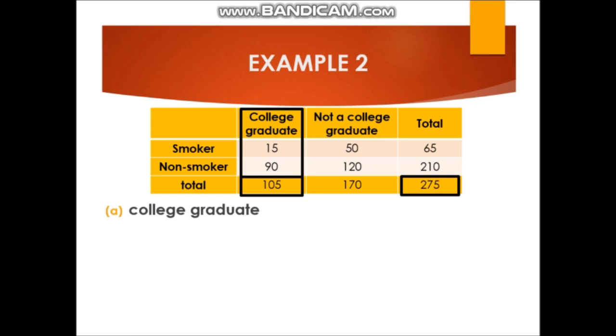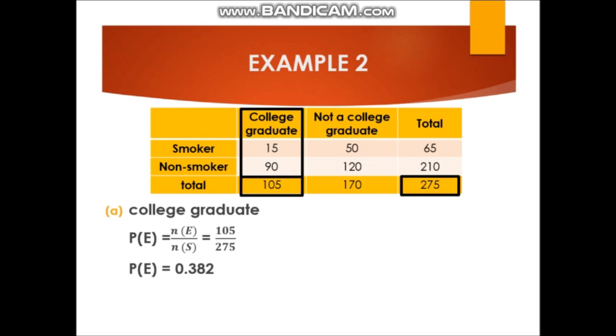So in this case, 105 will serve as the number of events and 275 serves as the number of sample space. So the probability of an event, or probability of college graduate, is simply 105 divided by 275 with a value of 0.382.